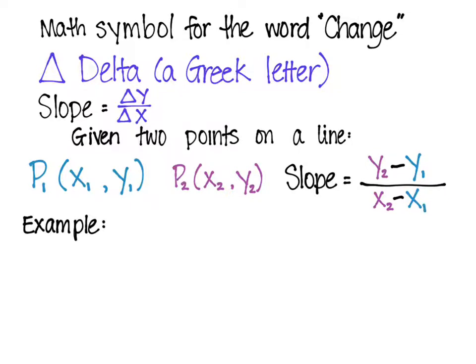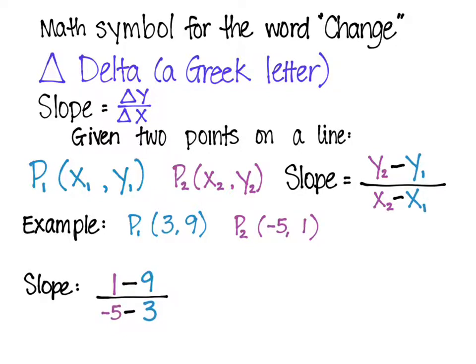So here's an example. I have 2 points, the point 3 comma 9 and the point negative 5 comma 1. And the slope is going to be my... I'm sorry, I said that wrong. It's my 1 minus my 9.